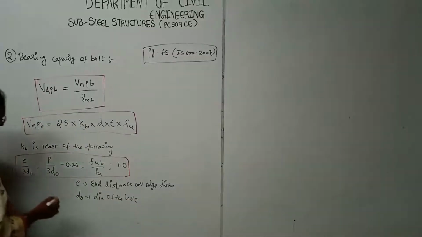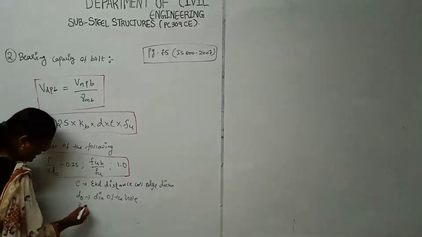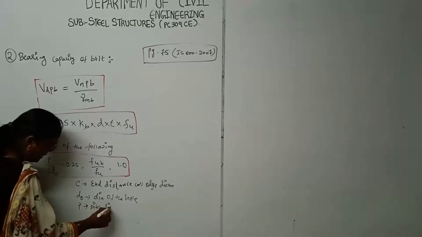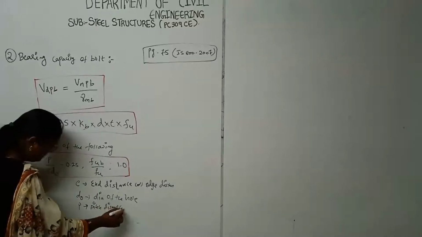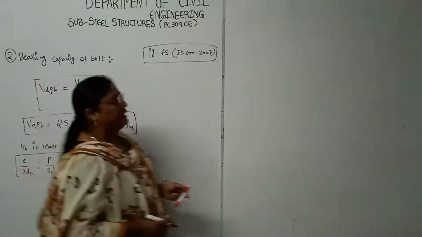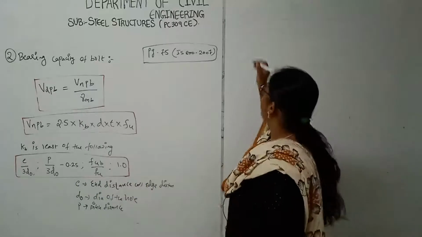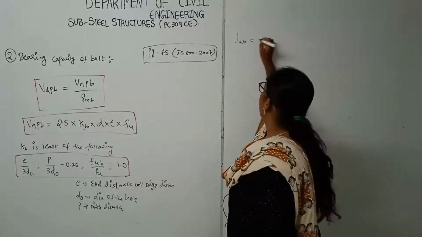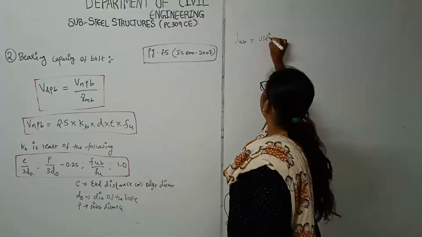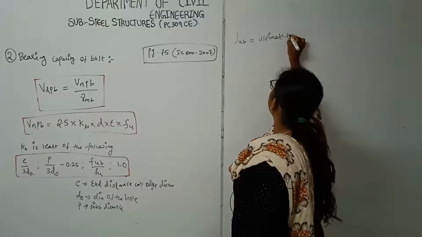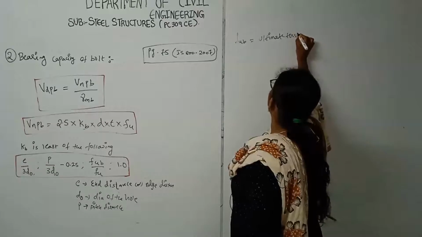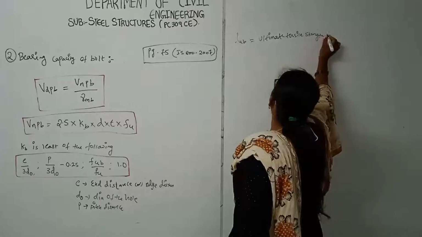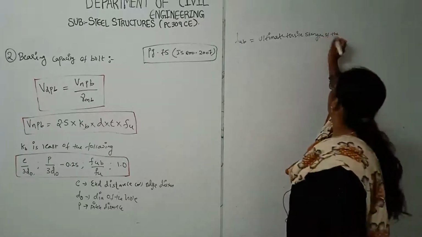Then what is p? p is the pitch distance. Next, f_ub. What is f_ub? f_ub is the ultimate tensile strength of the bolt.